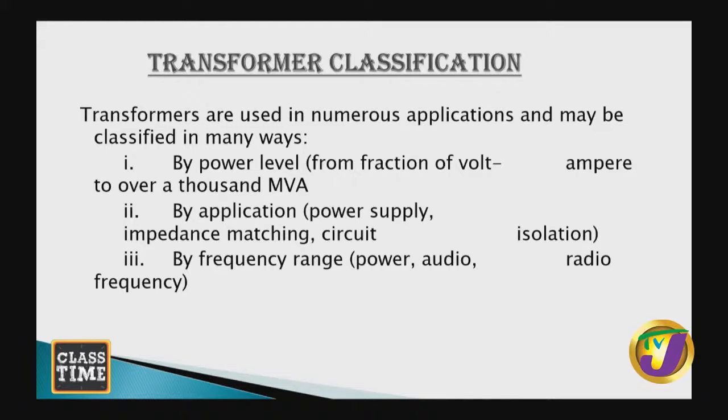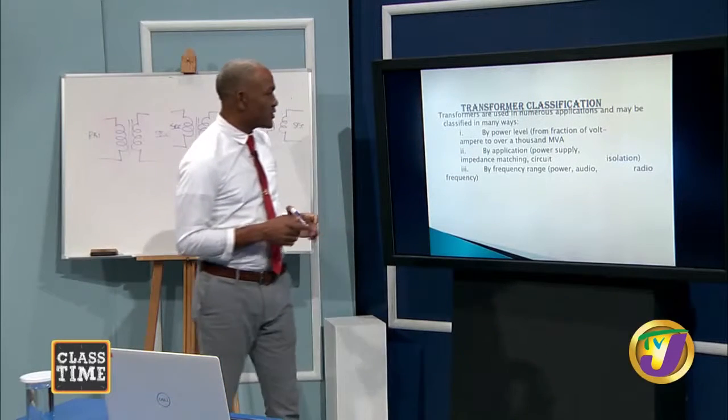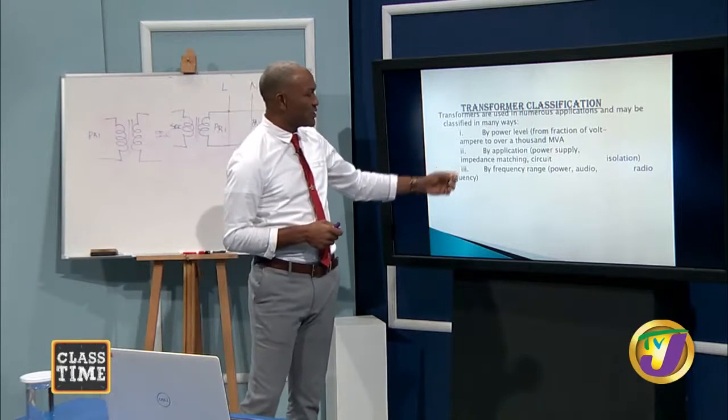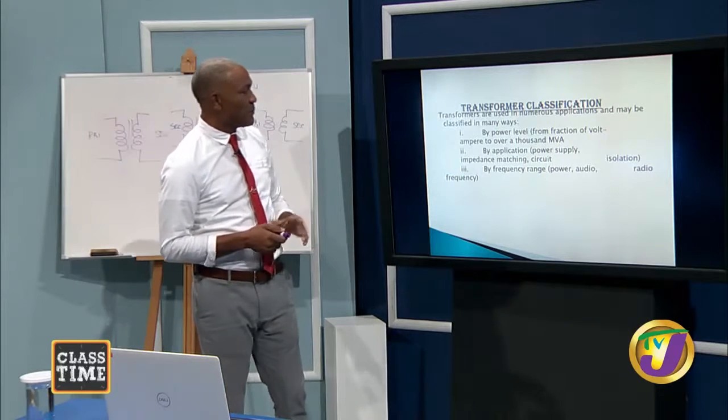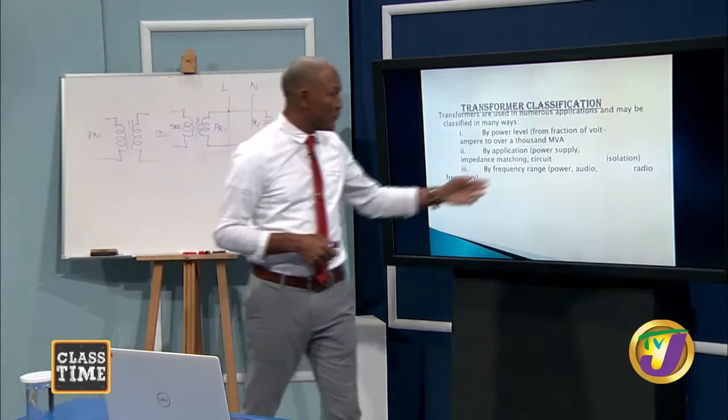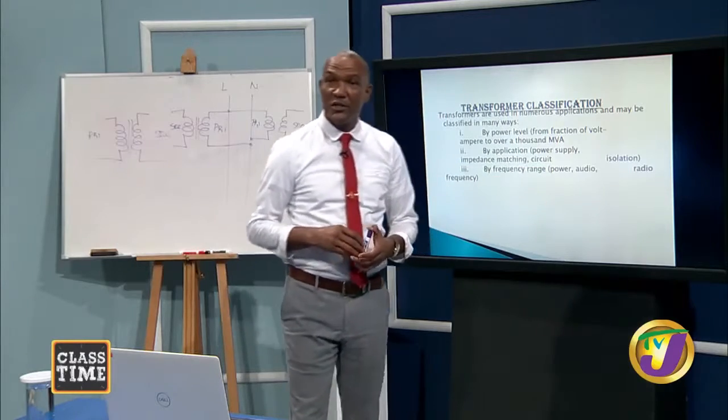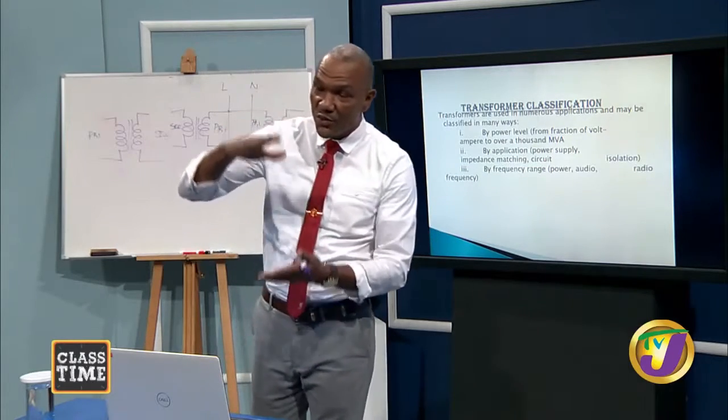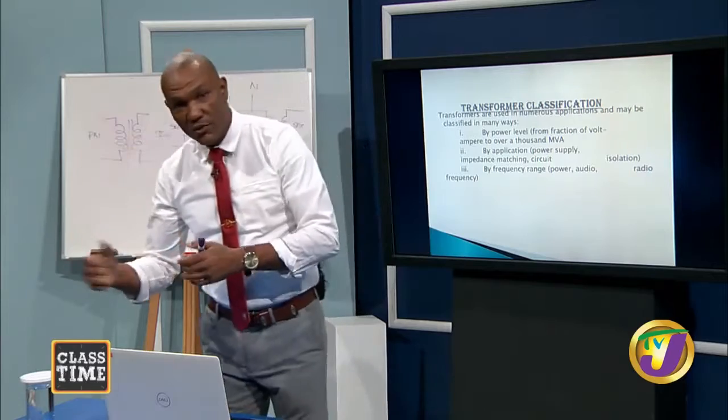One, by power level, from a fraction of a volt-ampere to thousands, even mega volt-amperes. By the application: power supply, impedance matching, circuit isolation. By the frequency range, for example in audio and radio, you have a transformer that can change the frequency to how you hear sound.